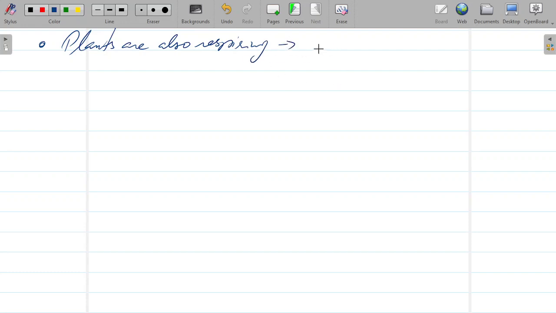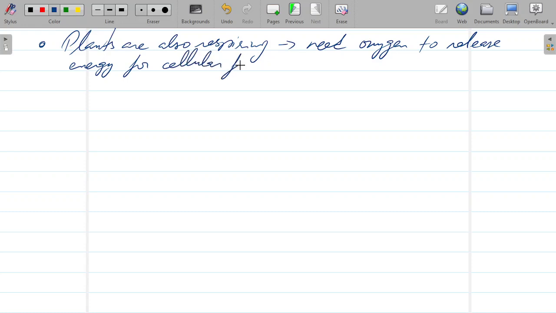That means that they need oxygen to release energy for cellular function. And as a result, they also end up producing carbon dioxide.